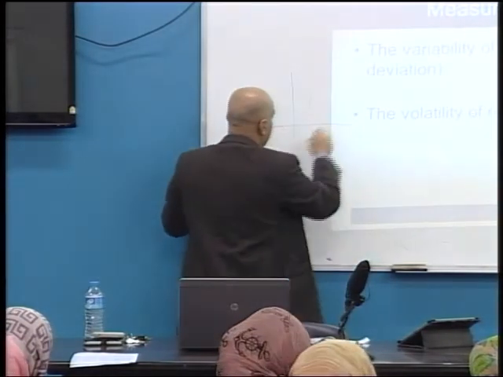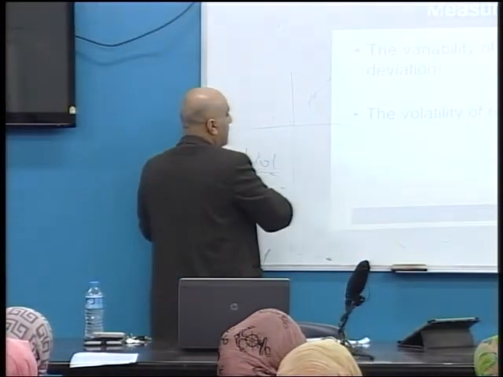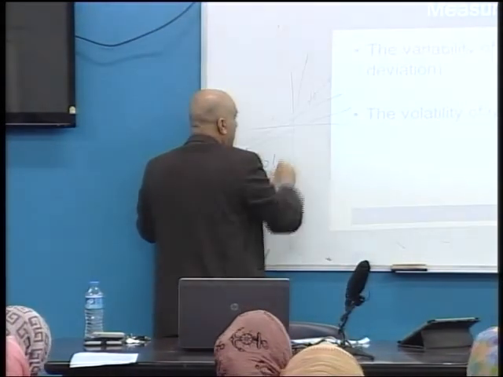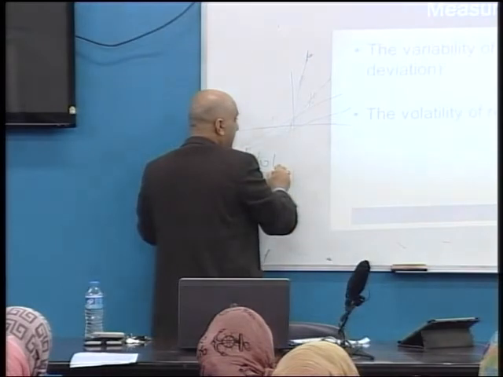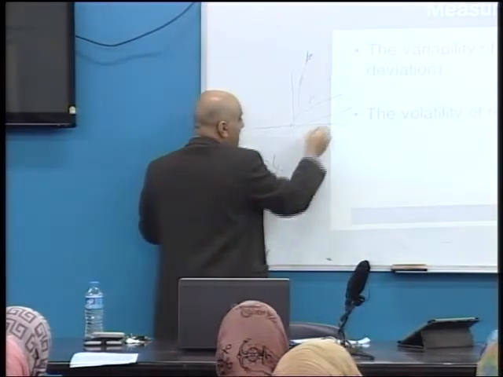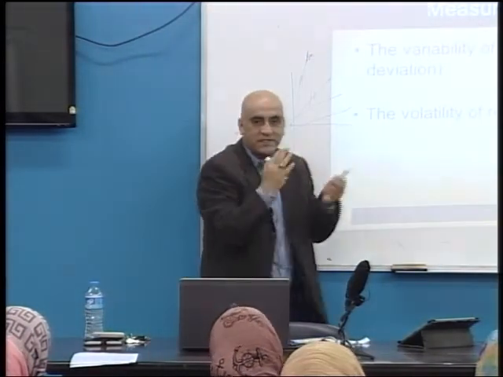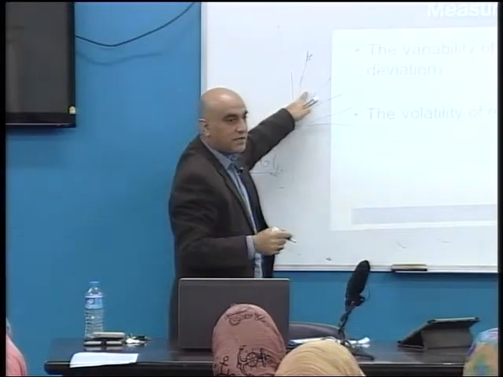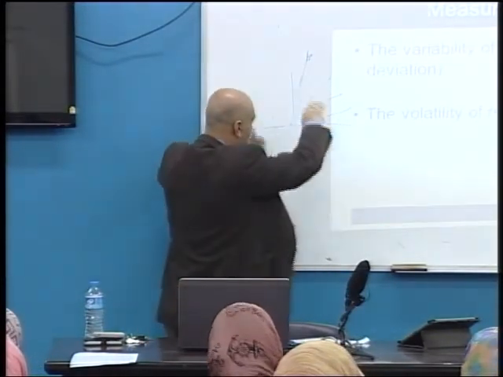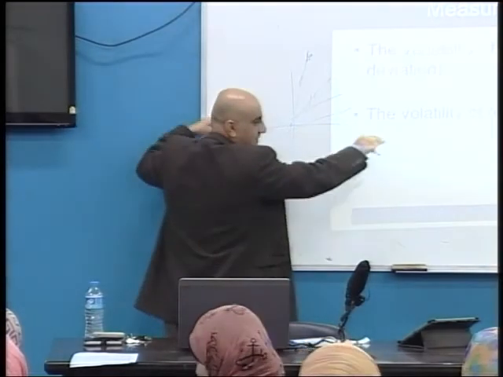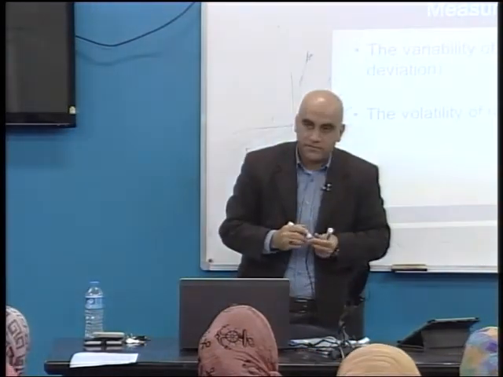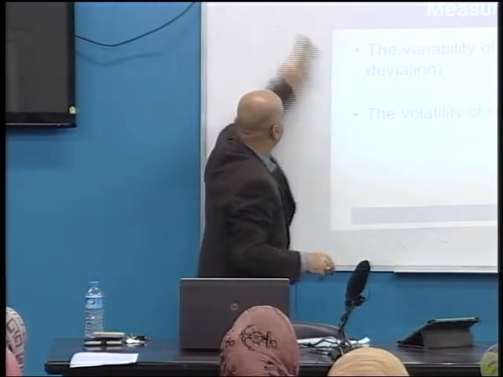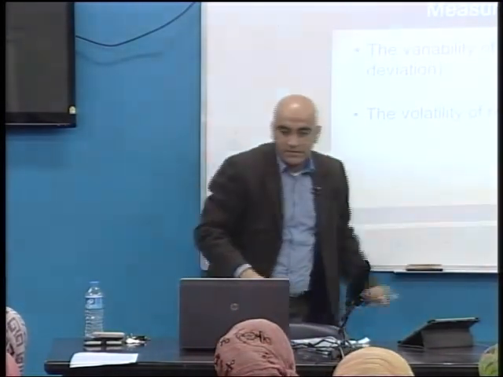This one is holding higher risk than this one, because its slope is higher. The slope of this is higher than the slope of this. When this moves like this, here is 0. Okay? Just giving some engineering items.